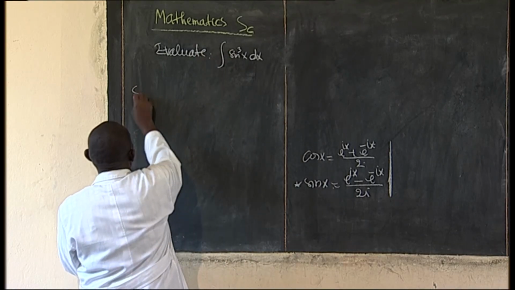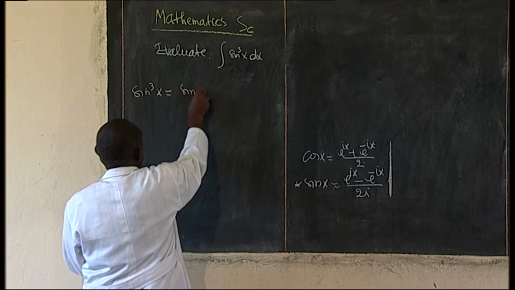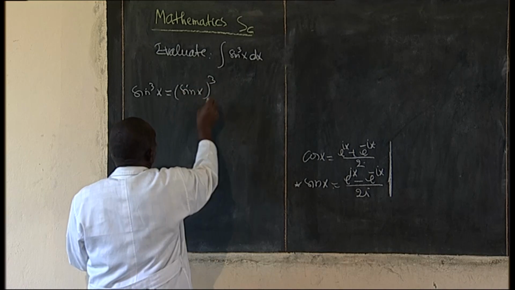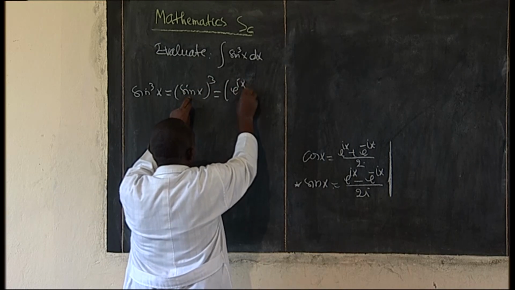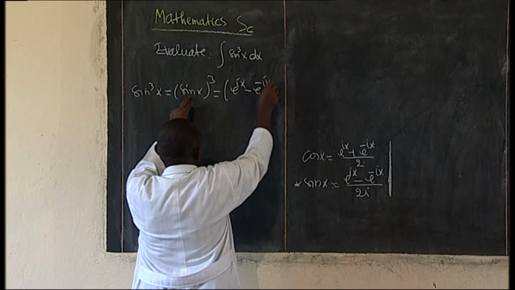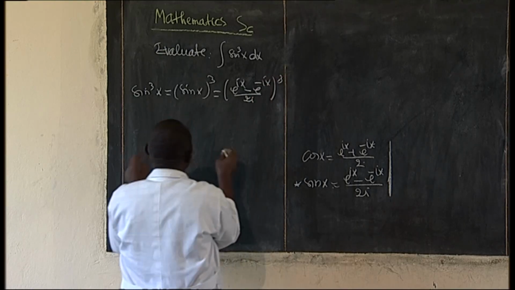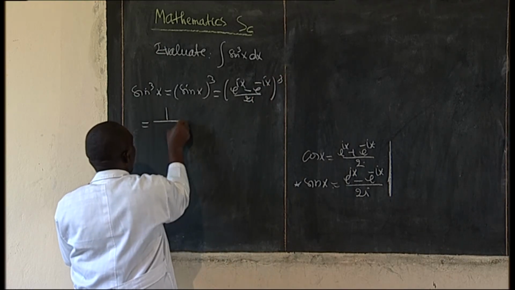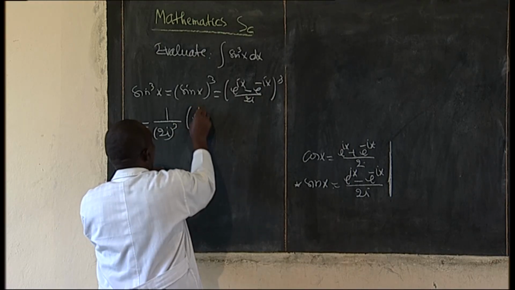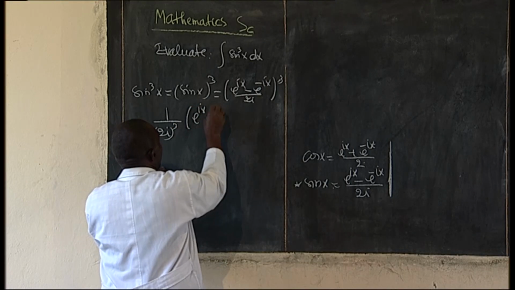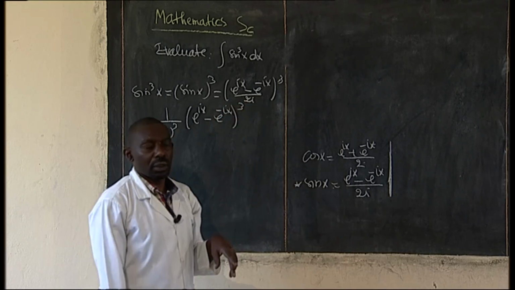So we know that sine cubed of x is equal to sine x power 3, which means that you replace sine by e power ix minus e power minus ix divided by 2i, all power 3. I'll be having 1 divided by 2i power 3, then e power ix minus e power minus ix, all power 3.